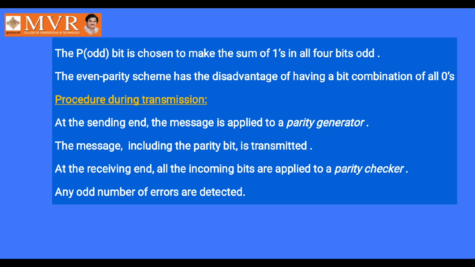So with the help of two circuits, the parity generator at the source end and the parity checker at the receiving end, we will perform identifying the errors, that is detecting the errors. What those circuits are and how we generate the formula, we will go through in the next slide.